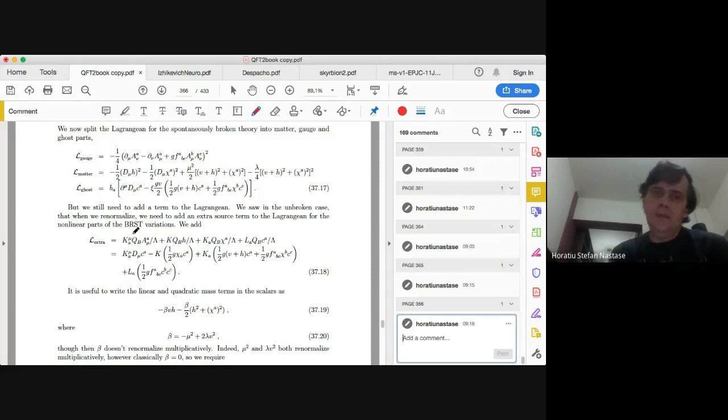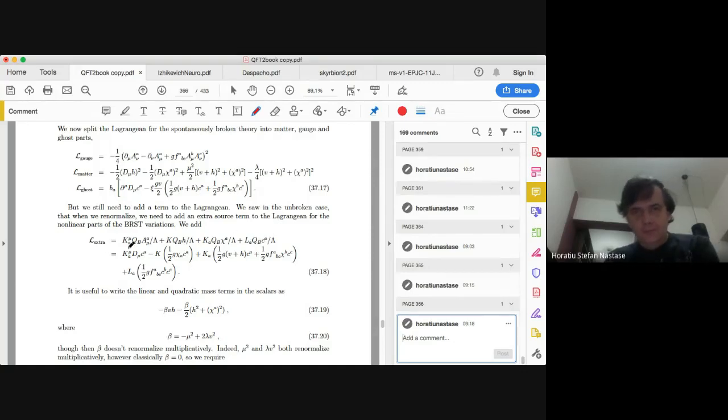So the BRST variations that are linear will not have sources. In particular, the BRST variation of B will not have a source. But for the other ones, we do. So we have it for the BRST variation of the gluon, of the full scalars, broken into the Higgs and the would-be Goldstone boson, and also for the BRST variation of c^a.